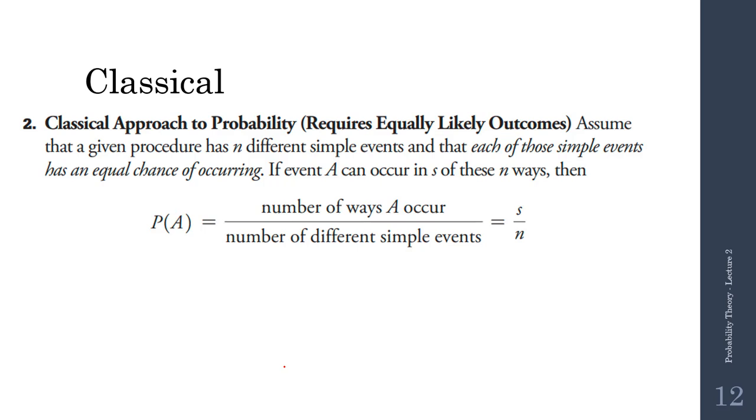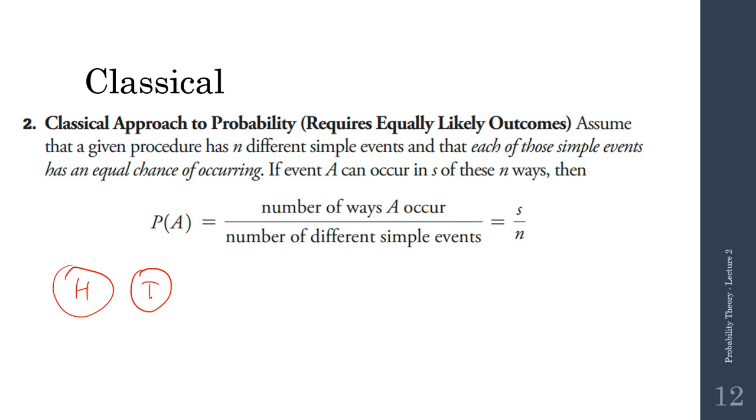Assume that a given procedure has n different simple events, and each of those simple events has an equal chance of occurring. If event A can occur in s of these n ways, then the probability can be calculated using this formula: number of ways A occurs, over the number of different simple events. For example, when we flip a coin, it has heads and tails.